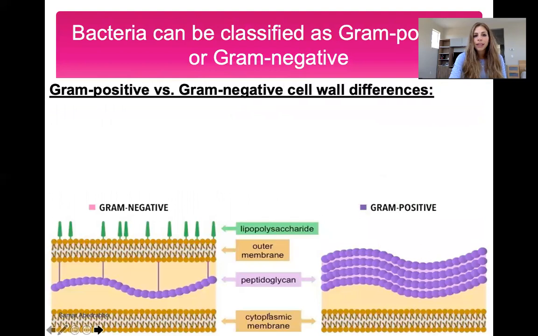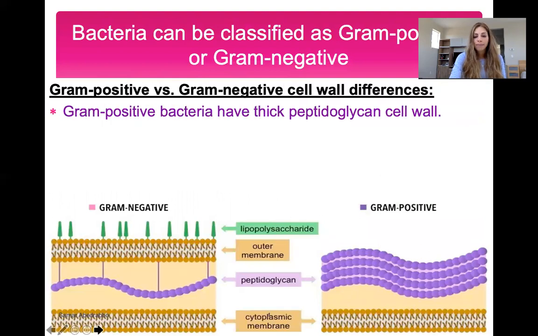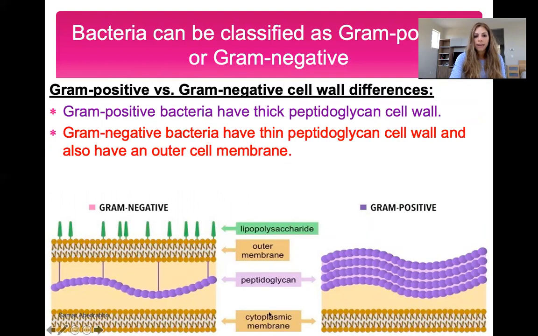Okay, so when we look at gram-negative bacteria versus gram-positive bacteria, gram-positive bacteria have a thick cell wall. So here's their cell membrane. So their cell membrane or cytoplasmic membrane or plasma membrane, they all mean the same thing. If we think of it as a circular bacteria and we take a chunk and you look at this image, here's the cell membrane of the bacterial cell. Outside the cell membrane, gram-positive bacteria are named gram-positive bacteria because they have a thick peptidoglycan layer or thick cell wall.